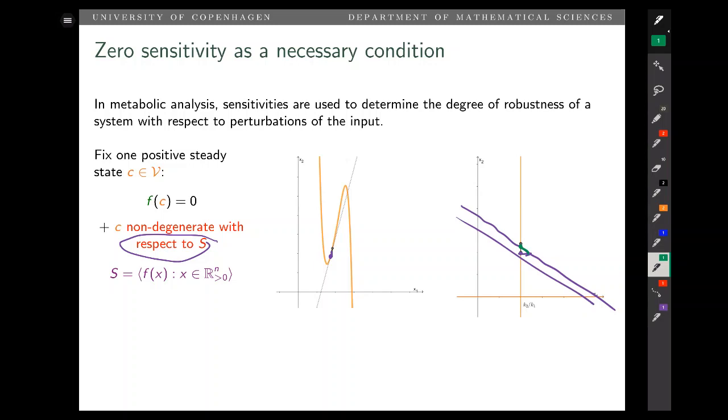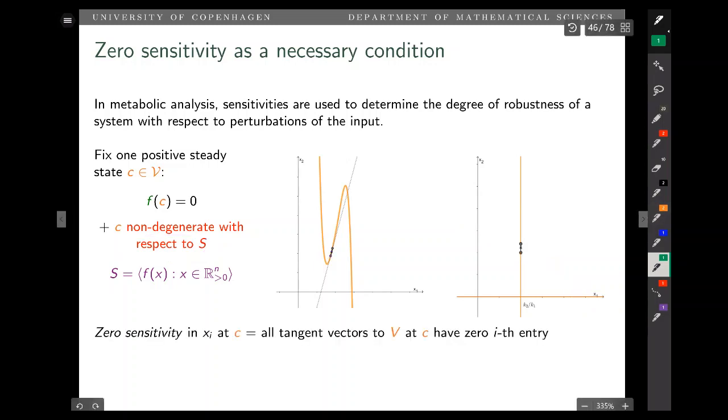Okay, this is the idea behind the sensitivities. So zero sensitivity, at a steady state in a certain variable means that all the tangent vectors to the steady state variety at this point, the ith entry will be 0. This is what it means.